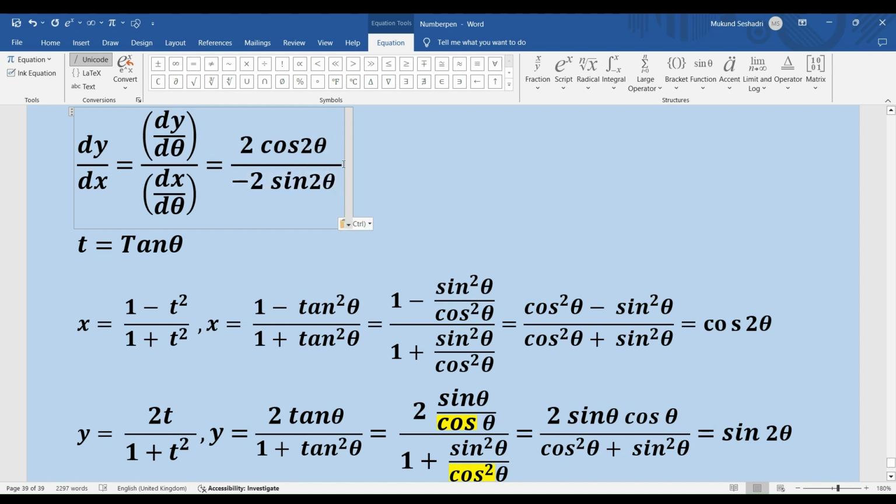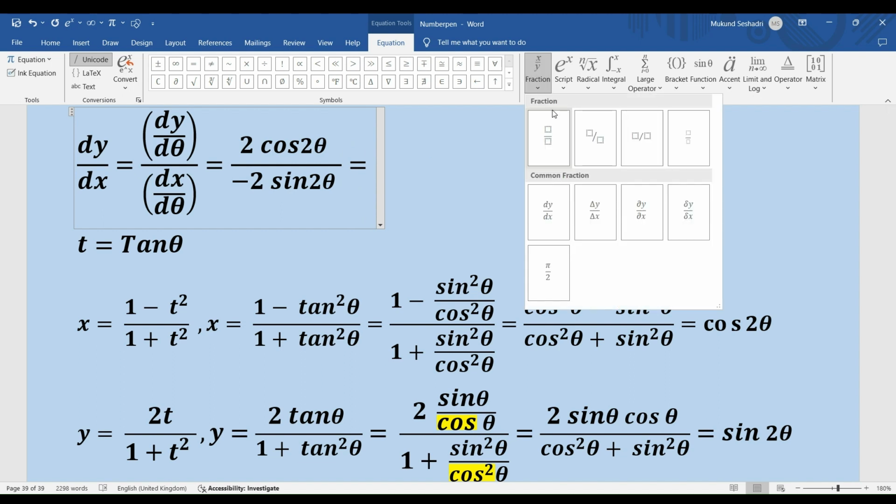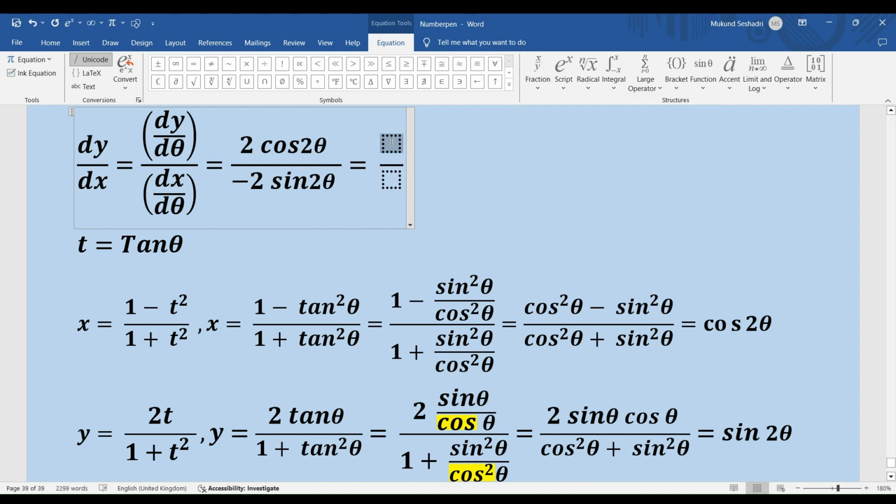So this is what I have. So I have my 2 and 2 getting cancelled out. And then I have a minus 1 because of the minus sign.